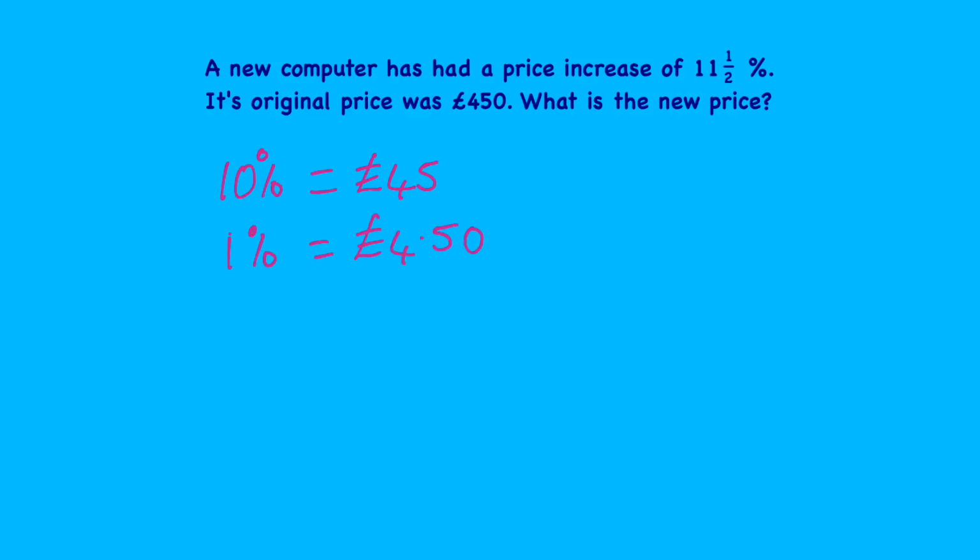So that's £4.50. Then I want to look at finding 0.5%, which again, if you look at 1%, it's half of that. So we're going to half £4.50. So now we have our 10%, our 1%, our 0.5%, and if we add all these together, this will give us our 11.5%.